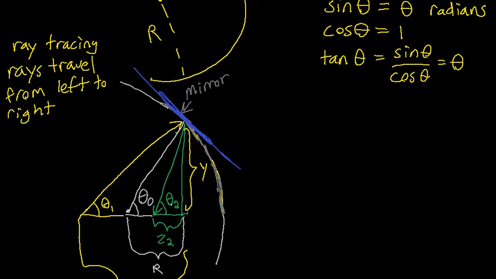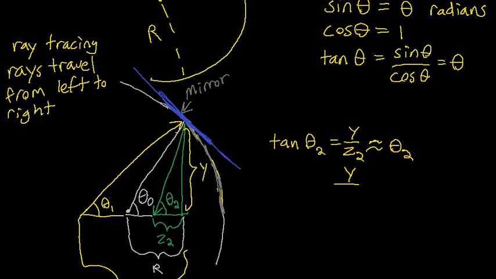So the tangent of this angle is y over z2. So tangent of theta 2 is equal to y over z2. But since we're making this approximation here, we can just say that this approximately equals theta 2.